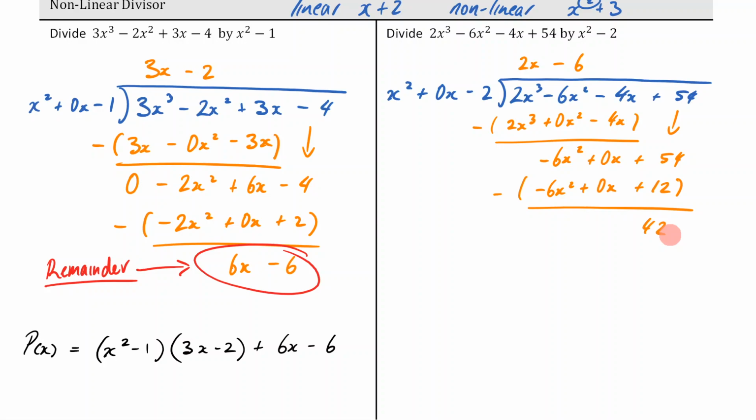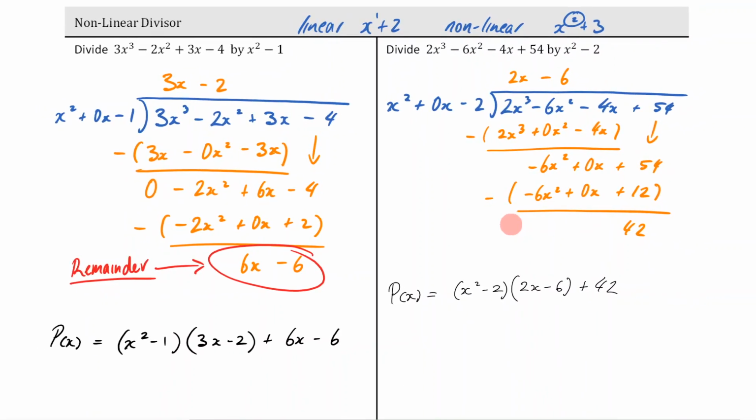So my answer is going to be my dividend is equal to my divisor, which is x squared minus 2, multiplied by my quotient, and then you add on to that your remainder. Perfect. And that's what it's going to look like. So that is a non-linear divisor. Hopefully this made sense, and I'll see you in the next part.